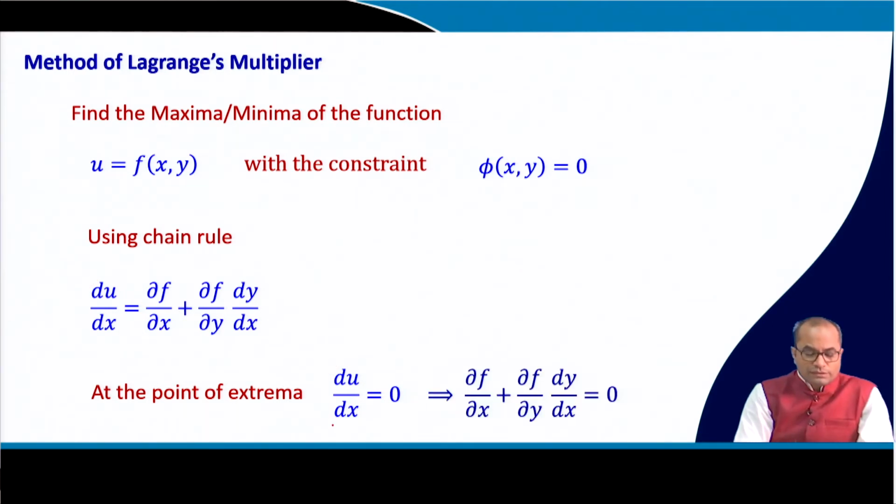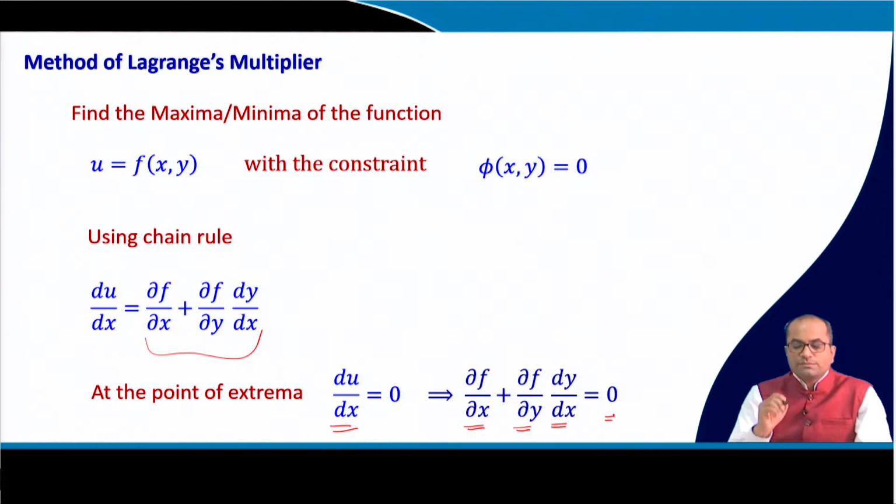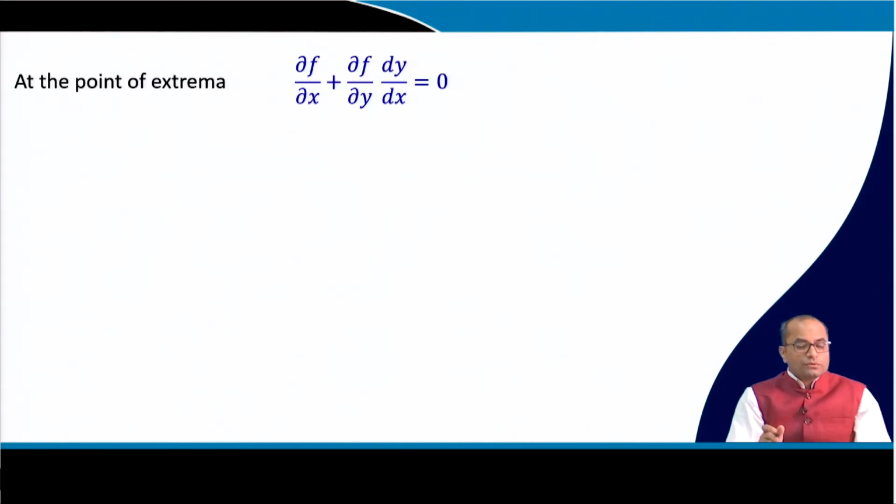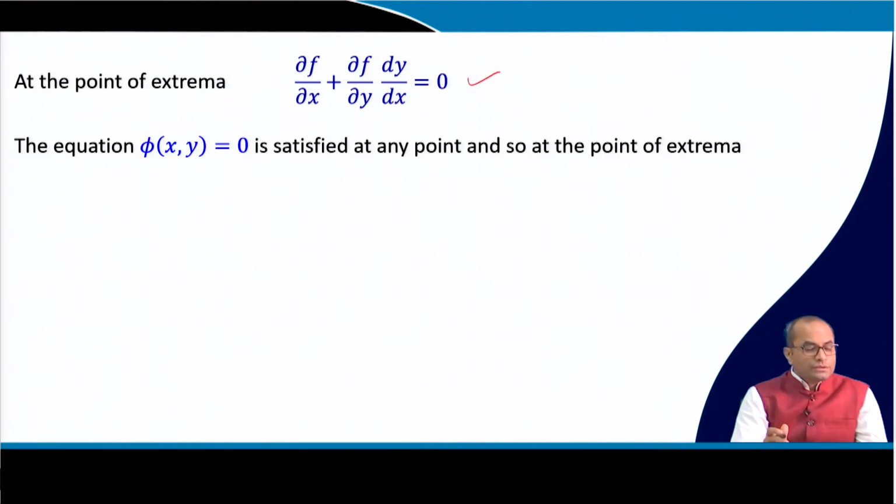With this du over dx, we get the relation that del f over del x plus del f over del y times dy over dx must be 0. That is one relation we have at the point of extrema. Now we look for some more.